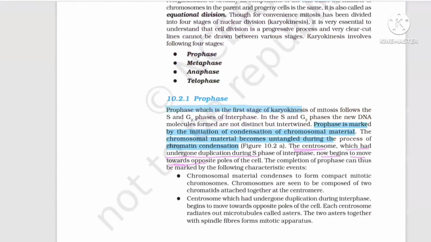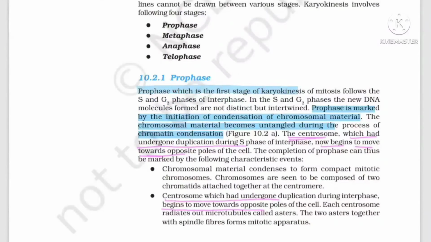Now see the NCERT. Centrosome, which has already undergone duplication, begins to move towards the opposite pole. Each centrosome radiates out microtubules called asters, 2 asters together with the spindle fibers is known as the mitotic apparatus. Please learn it properly. Is it clear?